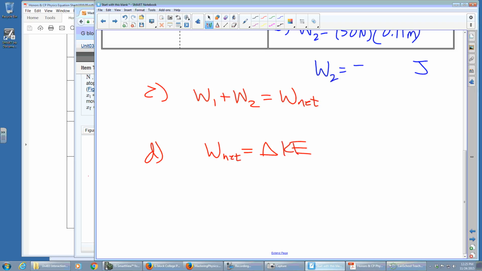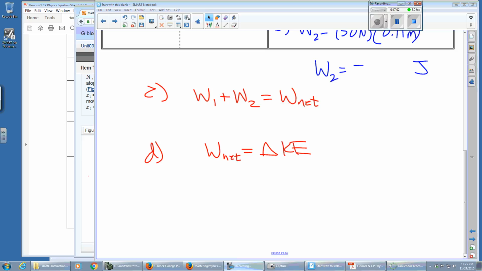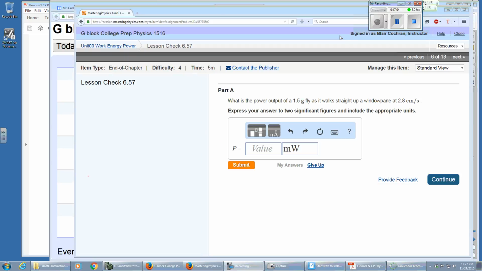So it's my answer for part C. That's what they wanted you to realize, that work net and kinetic energy formula, which we already knew from the one we did. Okay, so 6.57.